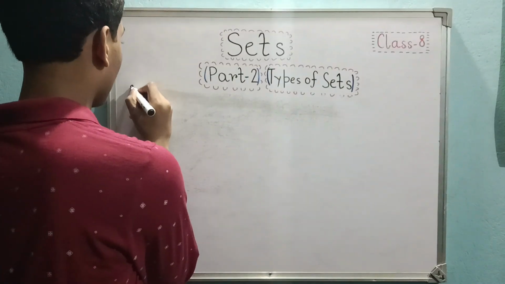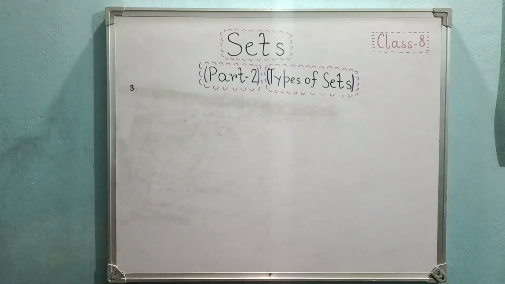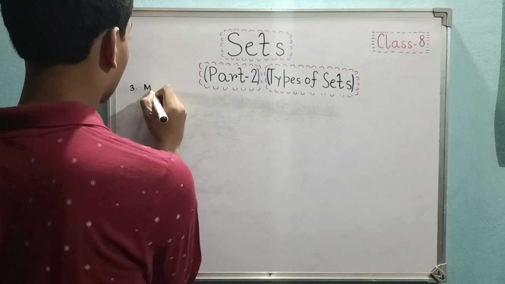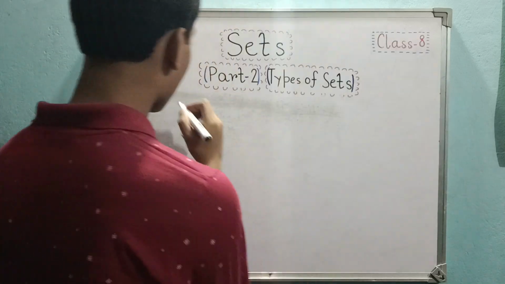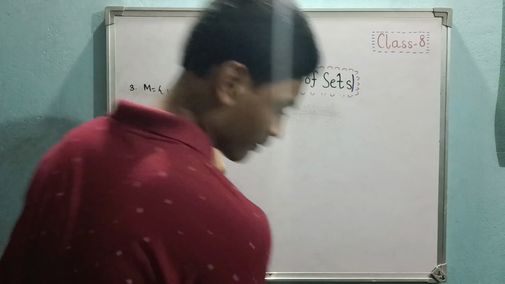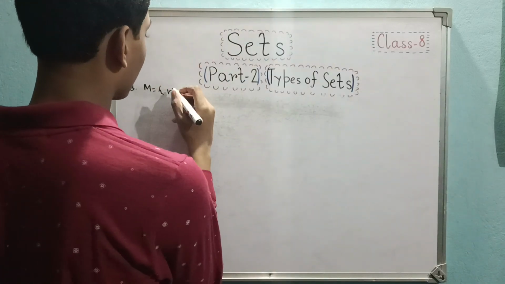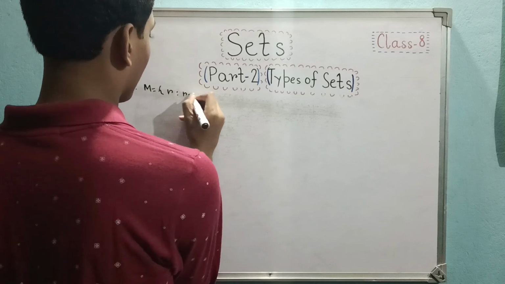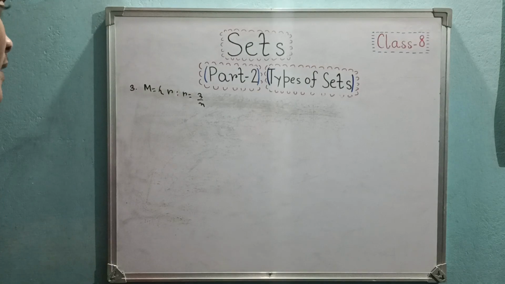Question 3 now. We have been given a set M. M is the set of R such that R equals 3 by N, and N belongs to whole numbers, with 6 less than N less than or equal to 15. Okay guys, don't think that it always has to be X. This X, R, A, B, everything is the same.